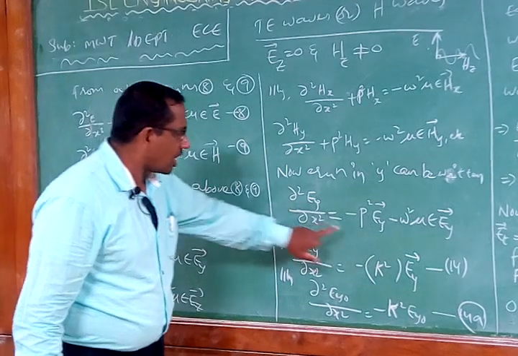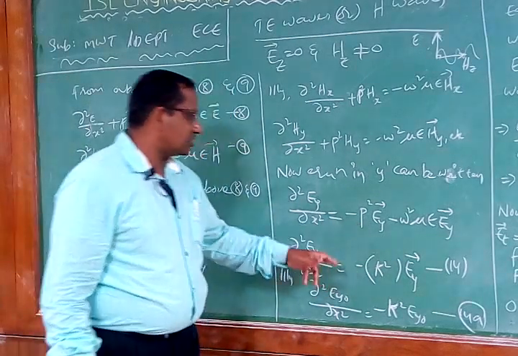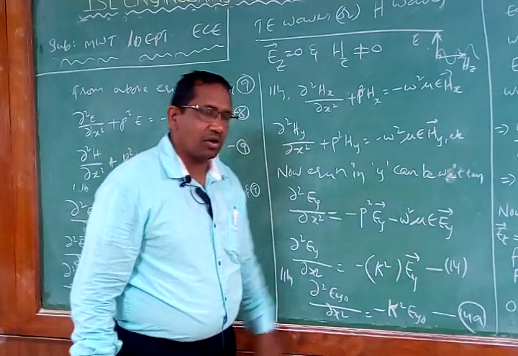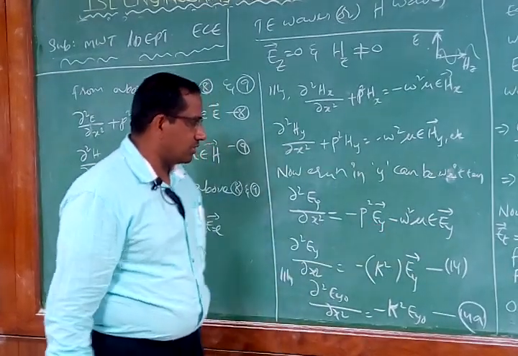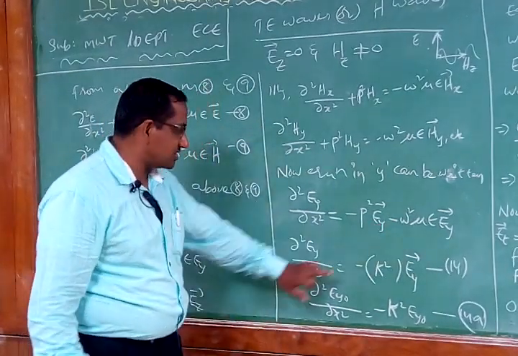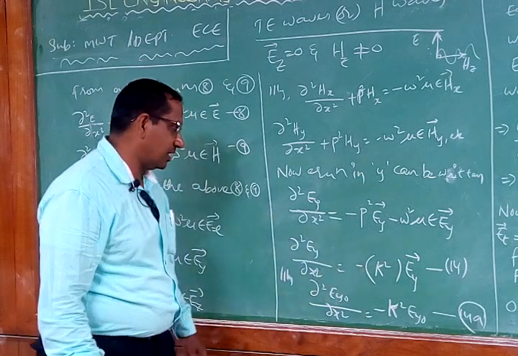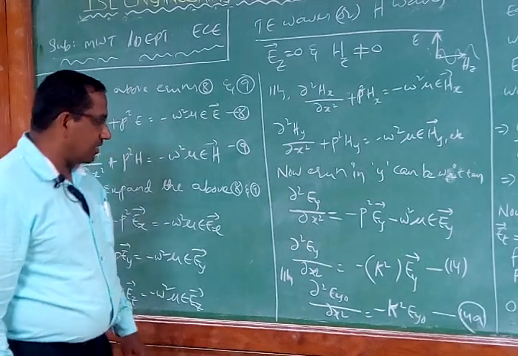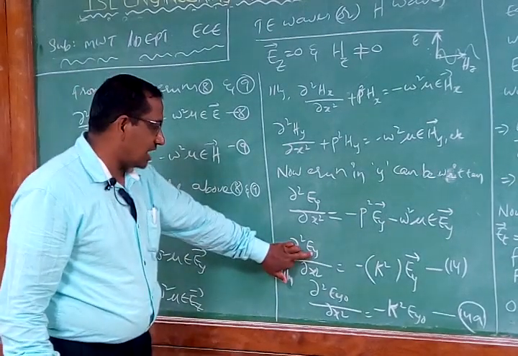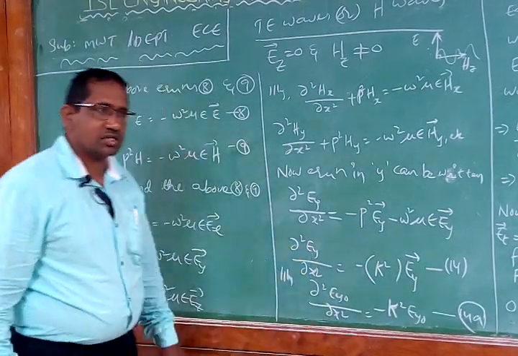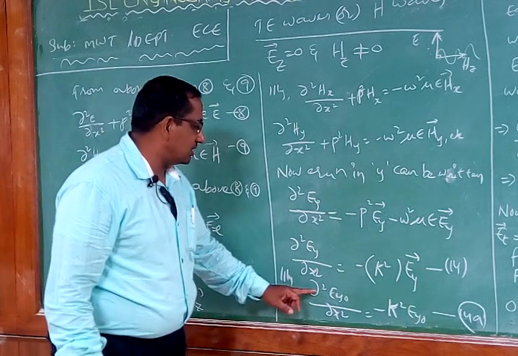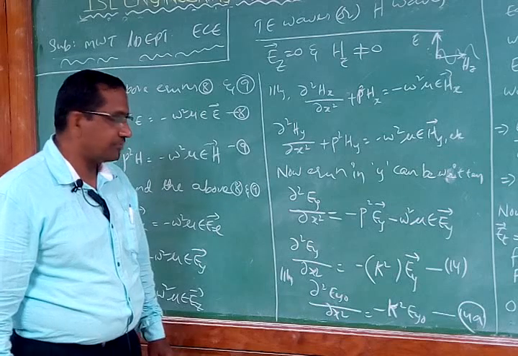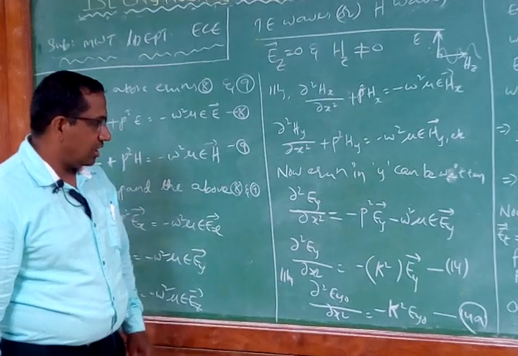Then I will take the minus common: p² plus ω²με. What is p² plus ω²με? It is taken as equal to k², which is a constant parameter, into the Ey component. So similarly, if I take this as some Ey naught component, I can write this as ∂²Ey0/∂x² is equal to minus k² into Ey0.